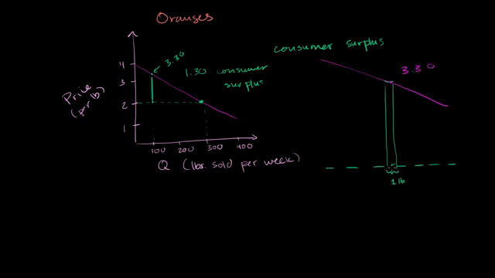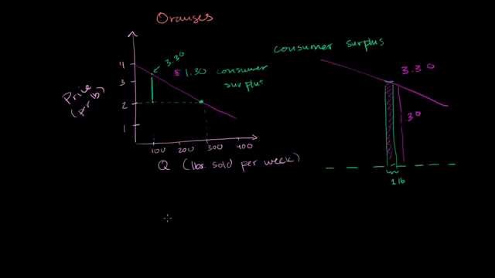To figure out the consumer surplus for that pound, we said, okay, they were willing to pay $3.30. The benefit to them was $3.30, but they only had to pay $2. So the height of this right over here was $1.30, and the consumer surplus is $1.30 per pound times 1 pound. And so that's where we got the $1.30 consumer surplus.